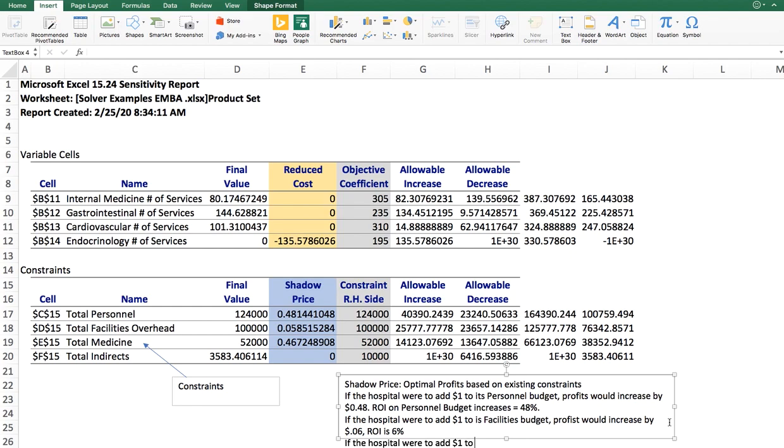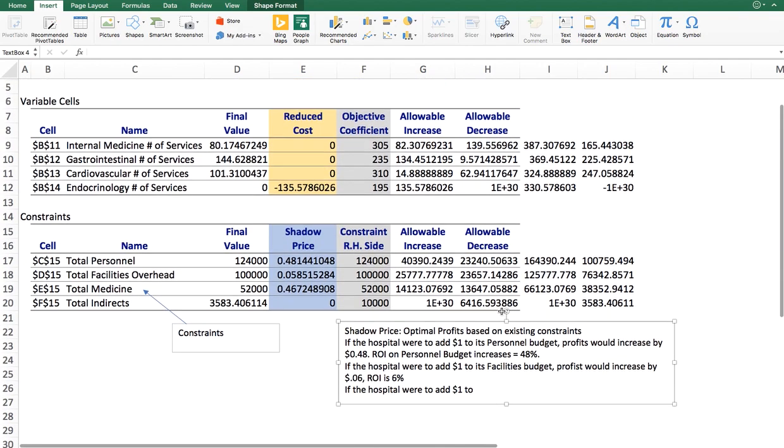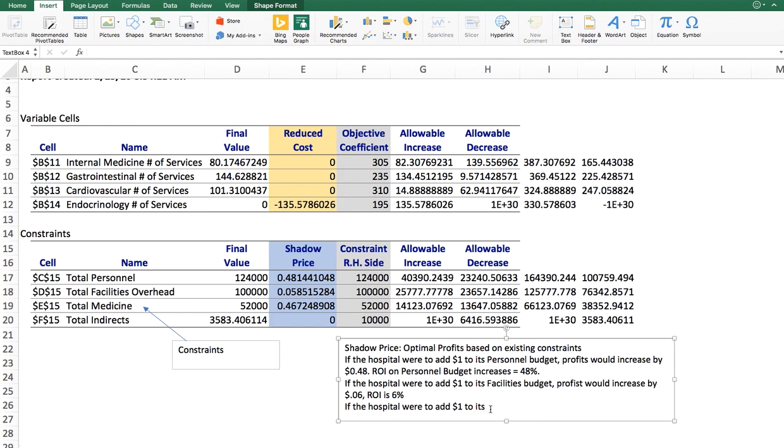On the other hand, the third one is if the hospital were to add $1 to its medicine budget, profits will increase by 47 cents, $0.47, which is an ROI of 47%.